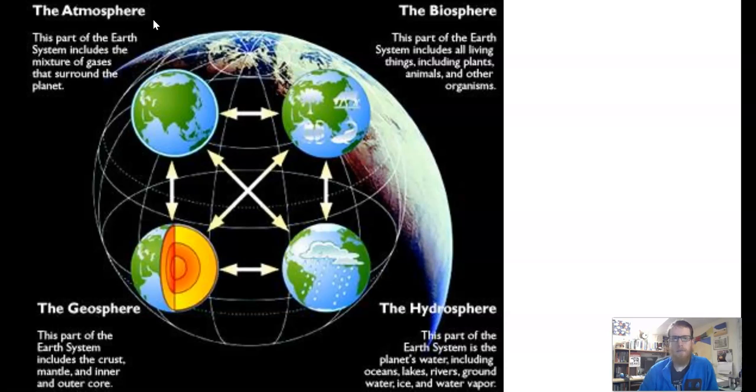So the 4 spheres or systems: we have the atmosphere, which is the gases around the planet. I know we think of atmosphere as just up high, but it's the air, the carbon dioxide, the nitrogen, and all the things mixed into it. Often weather is a characteristic of the atmosphere.